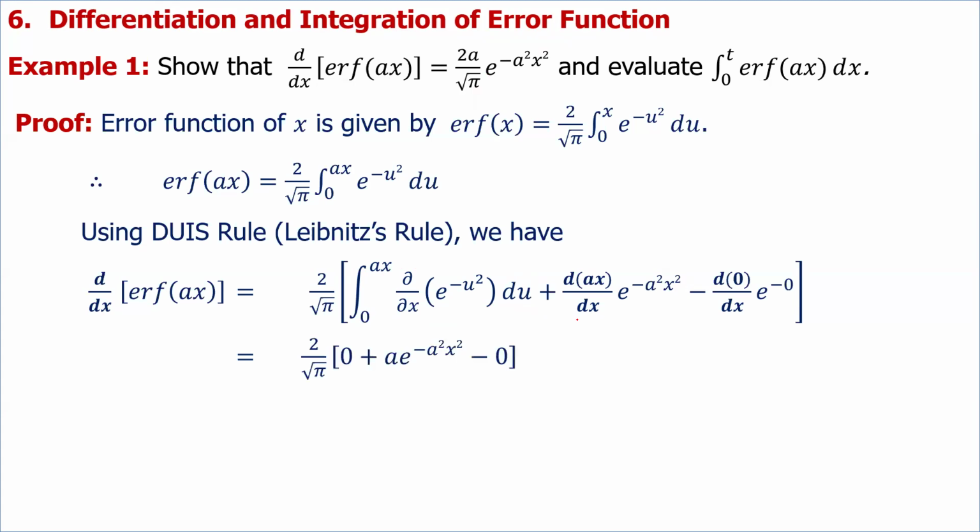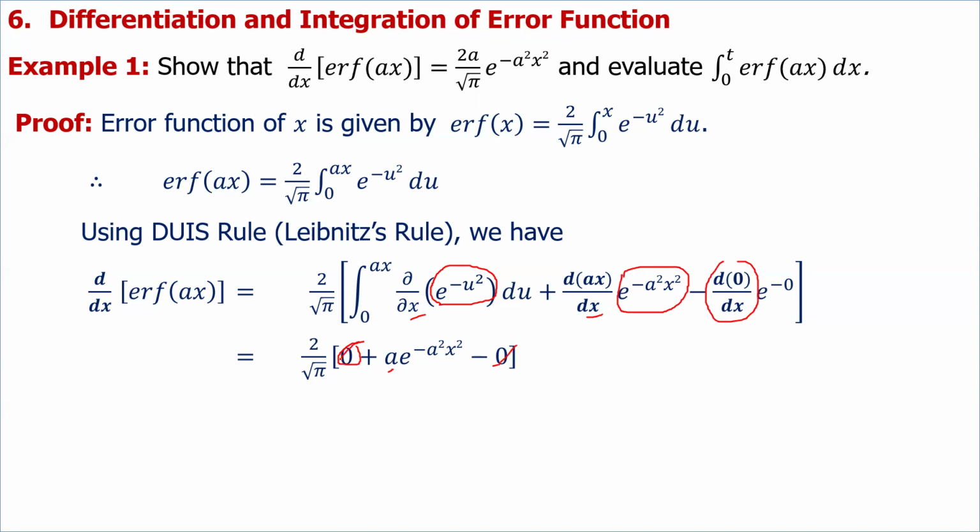Now if you simplify it, since e to the power minus u square is free from x, the partial derivative of e to the power minus u square will be 0, and the derivative of ax with respect to x is nothing but a, into e to the power minus a square x square, and again the derivative of 0 with respect to x is also 0.